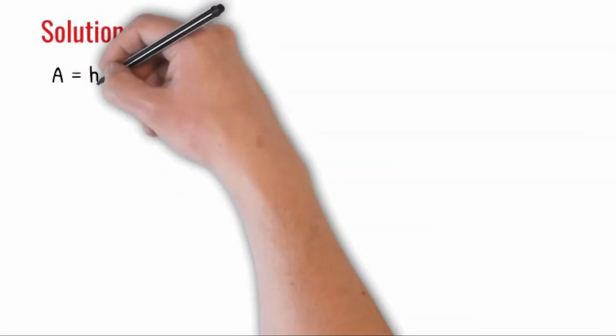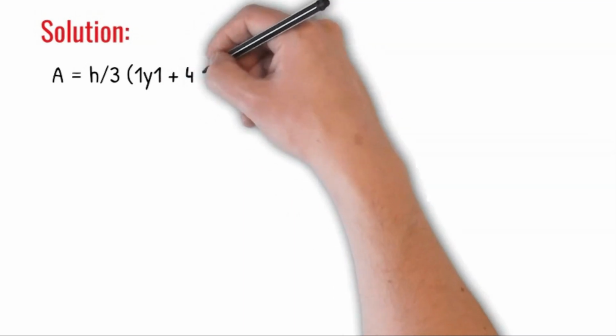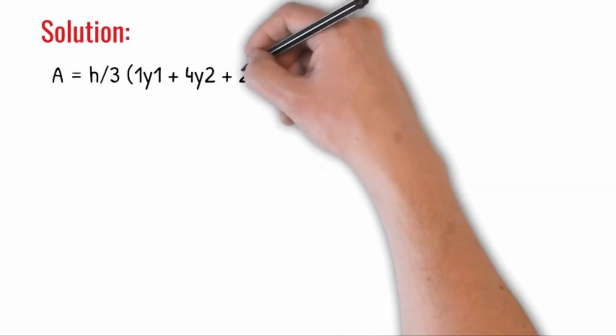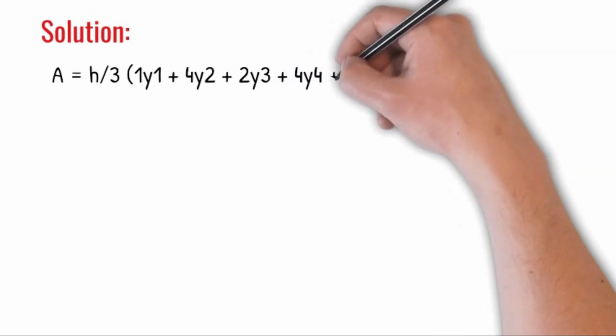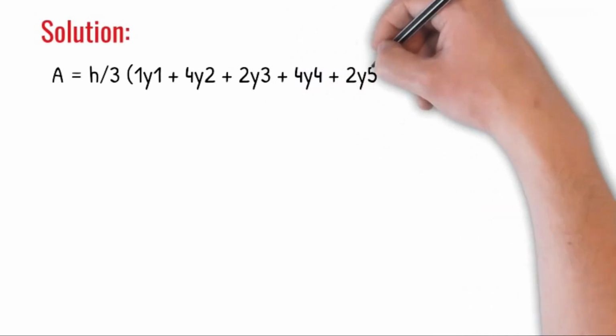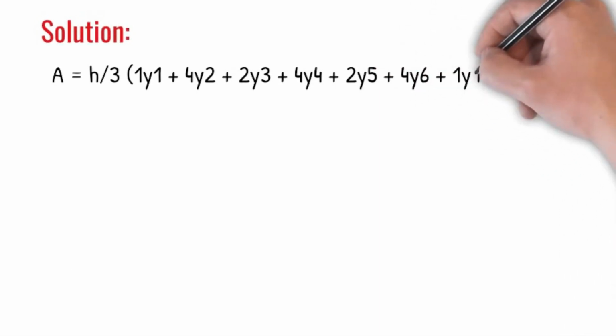Solution: area equals height over 3 multiplied by the sum of y1 plus 4 times y2 plus 2 times y3 plus 4 times y4 plus 2 times y5 plus 4 times y6 plus y7.